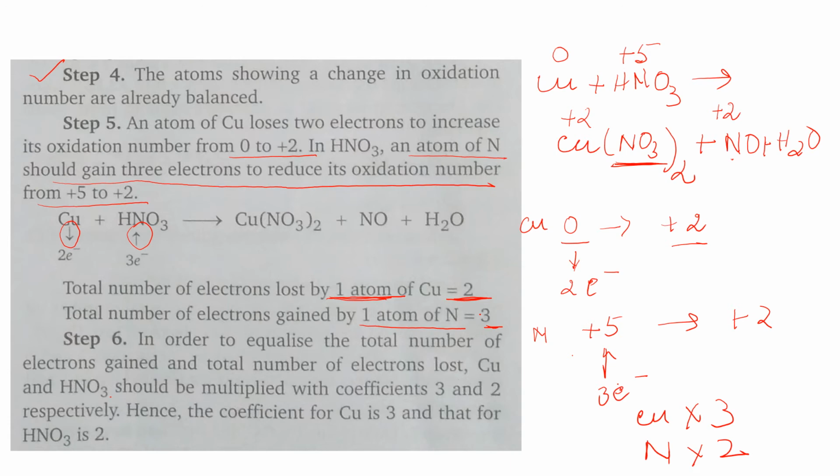That means the coefficient of copper is 3 and that for HNO3 is 2.